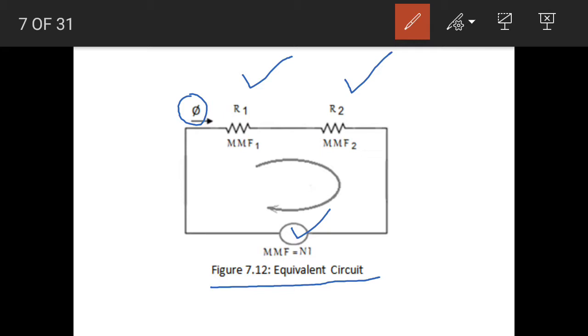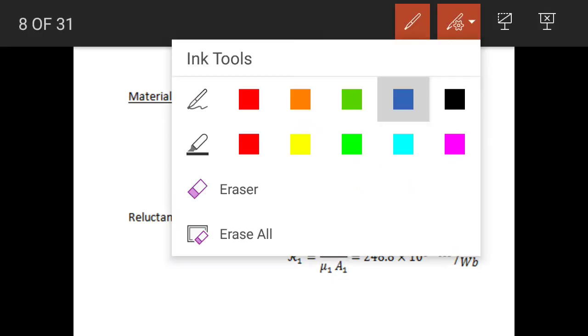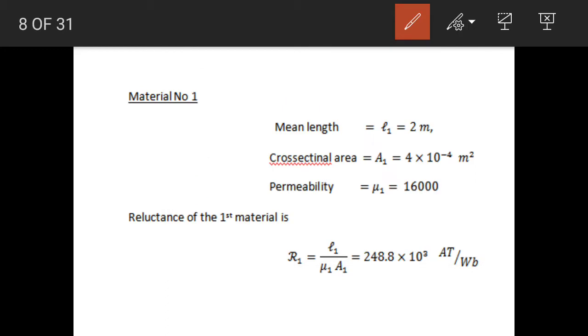We are going to consider the characteristics of material 1 and material 2. The mean length of the first material is represented by L1, which is 2 meter. The cross-sectional area of the first material is represented by A1, which is 4 into 10 raised to power minus 4 square meter, and the permeability of the first material is mu1, which is equal to 16,000.